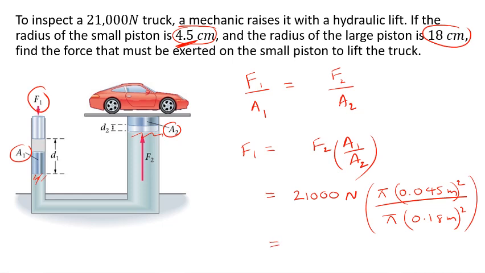Now you can simplify this expression, and you can find the force that you should apply at the F1 end. It will be equal to 1300 newtons. So you can see once you apply 1300 newtons at F1 at this end over here, you can lift this truck or car, which is 21,000 newtons.